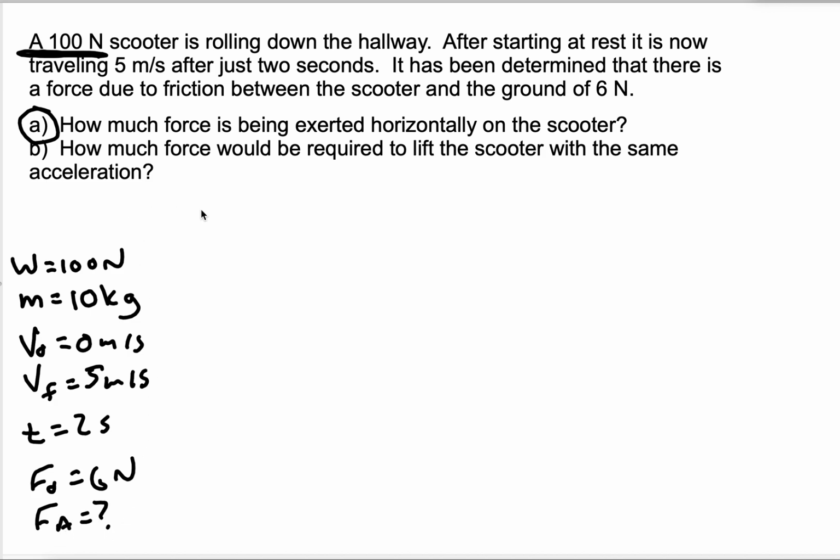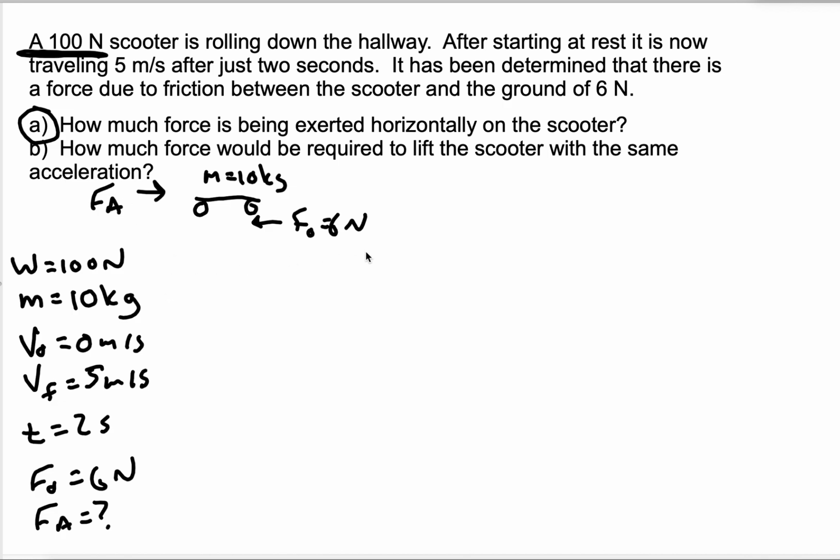So if I were to draw a little picture of this, here's my scooter. The scooter has a mass of 10. It has a frictional force of 6. And it has some mystery applied force that I'm pushing it with.